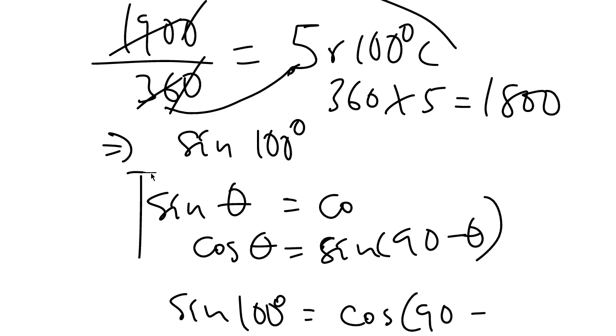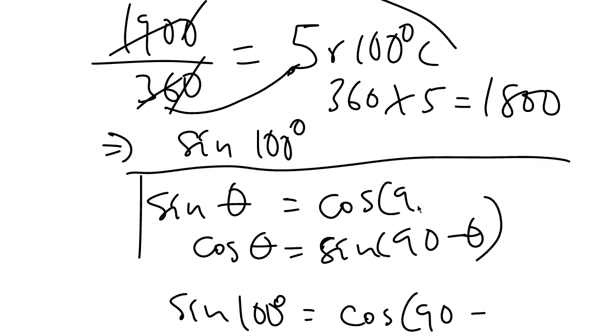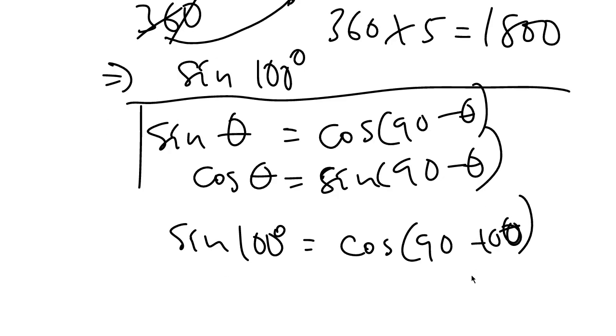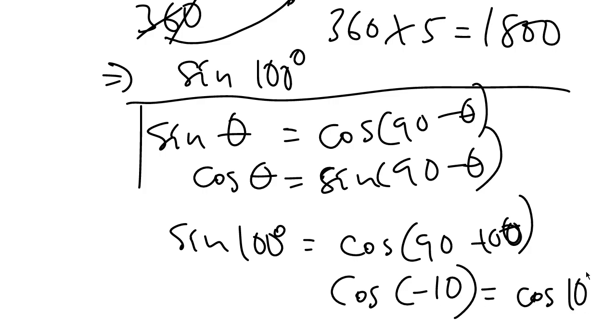First of all, we have that sine theta is equal to cos 90 minus theta, and the fact that cos theta is sine 90 minus theta, right? So that's sine 100 will be equal to cos 90 minus 100, which is cos minus 10. And remember the cos of negative theta is cos theta. So we have cos 10 degrees. So that means x is 10 degrees, right?